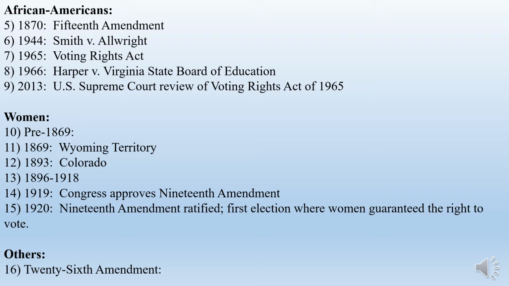Now, this did not mean that African Americans were now guaranteed to have the right to vote, because the South was able to put in other checks like grandfather clauses or literacy tests or poll taxes in order to make sure that African Americans could not vote in the South.